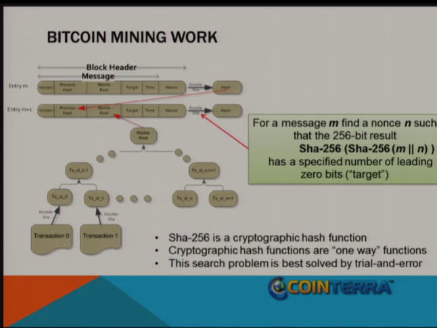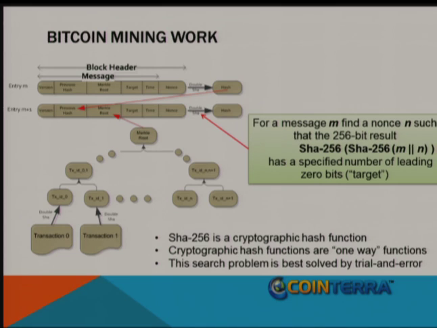However, unlike a traditional financial network, the ledger is public and the entire system is globally distributed. So any node connected to the Bitcoin network can validate a transaction and enter that transaction into the ledger.